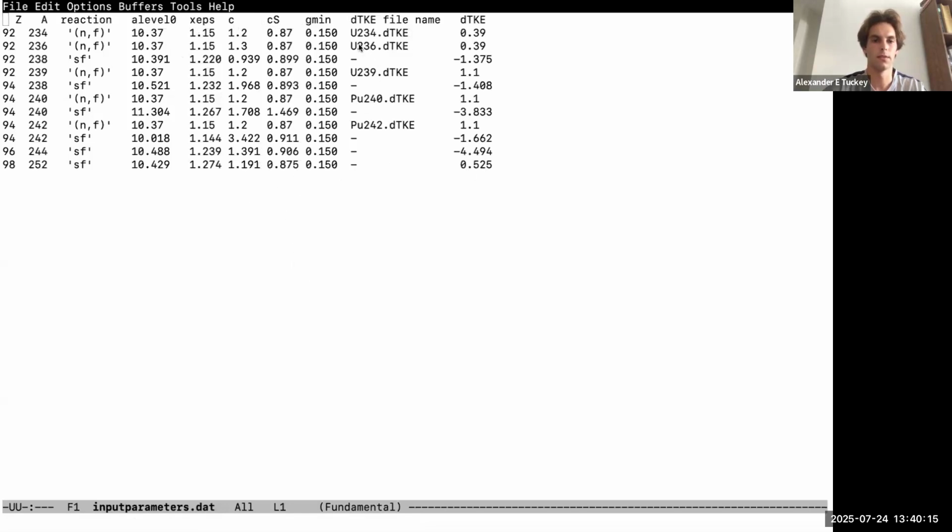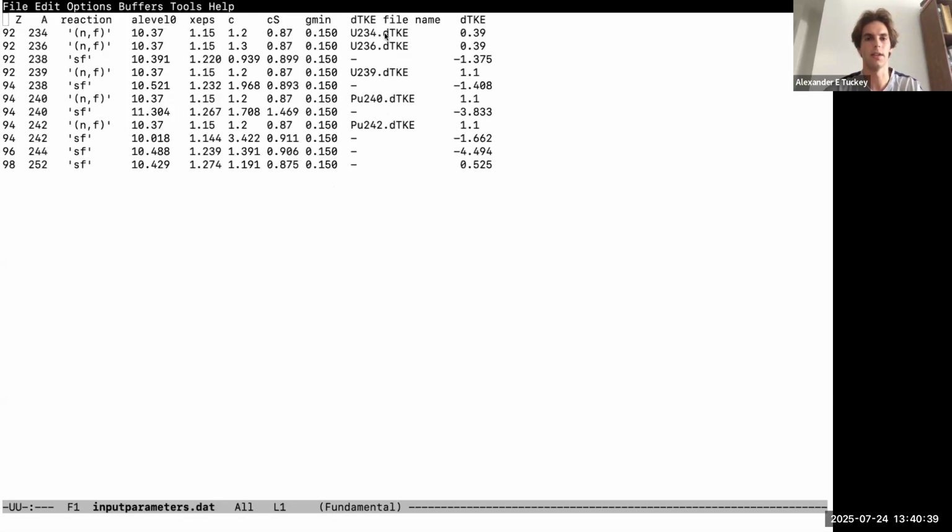These other two entries are related to, well, this first one, Gmin, is related to photon emission, specific to a detector used in an experiment. So this doesn't have any effect on the Freya output directly.